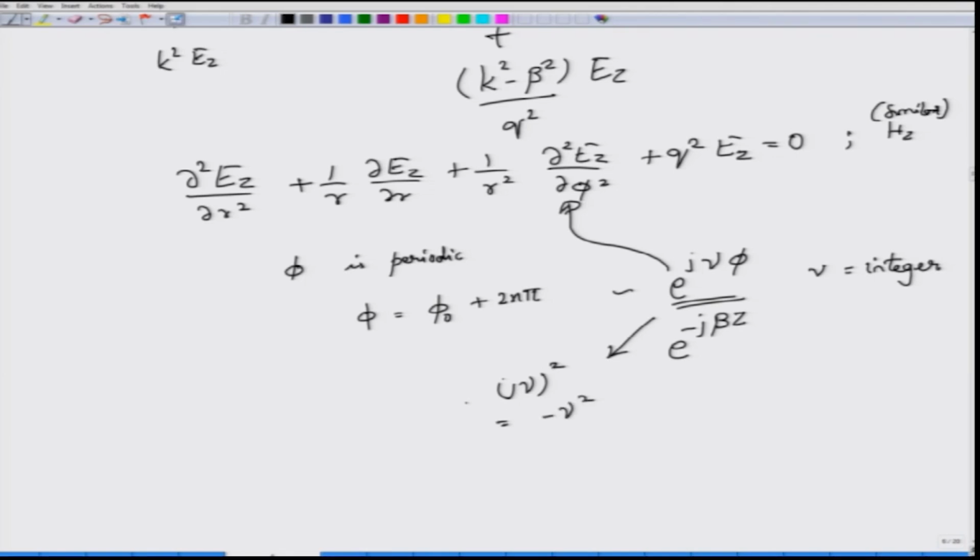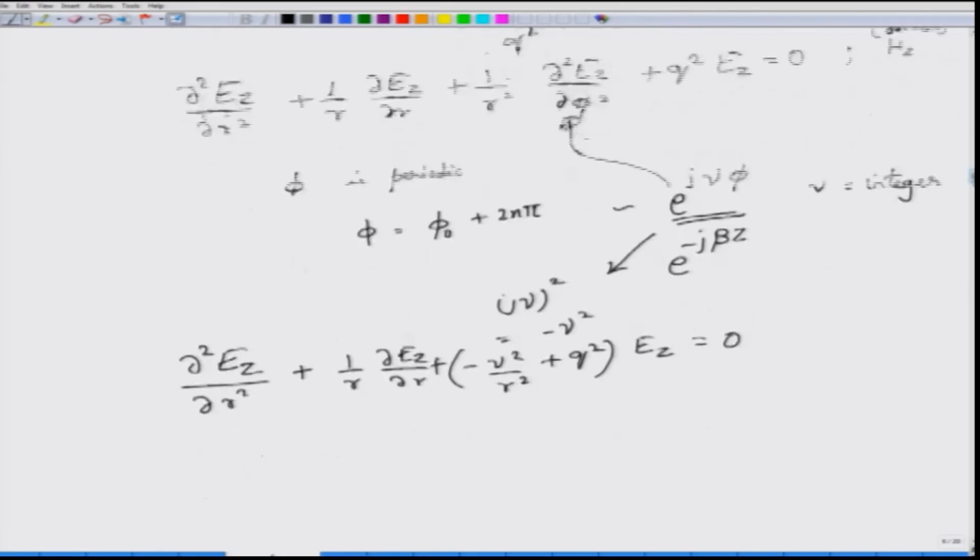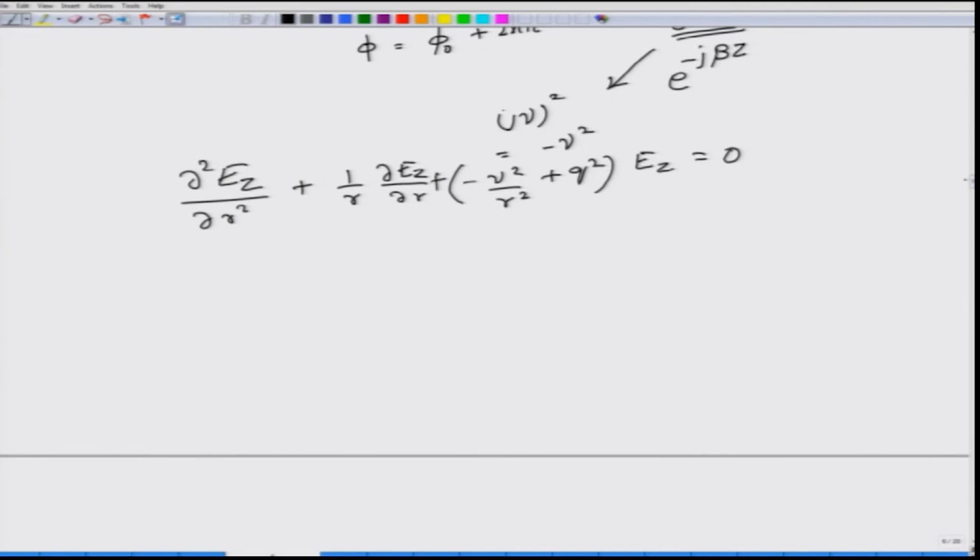So I can rewrite the wave equation: del square Ez by del r square plus 1 by r del Ez by del r minus nu square by r square plus q square times Ez is equal to 0. This is all Ez, so you get a slightly simplified equation.